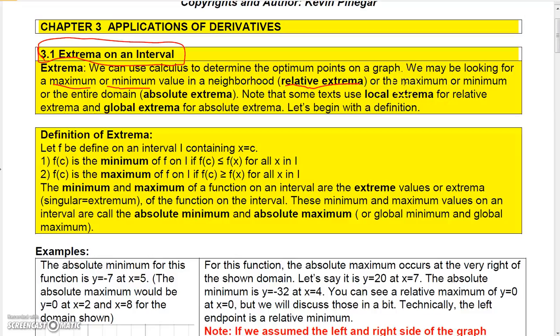If we're looking for the maximum or minimum of the entire graph or the entire domain, then we would be looking for absolute extrema. Now some texts call relative extrema local extrema, and absolute extrema they might call global extrema. But in here I'll use the terms relative and absolute.